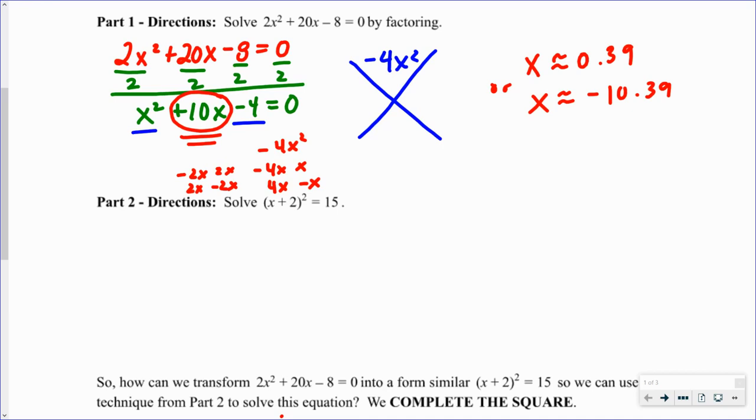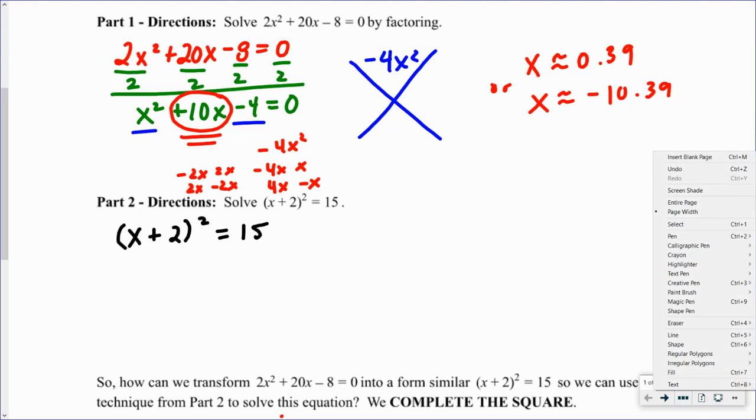Let me show an example right here. x plus 2 all squared equals 15. Well, x plus 2 all squared follows that perfect square trinomial pattern. If you were to expand that, x plus 2 times x plus 2, the result would follow a perfect square trinomial pattern.